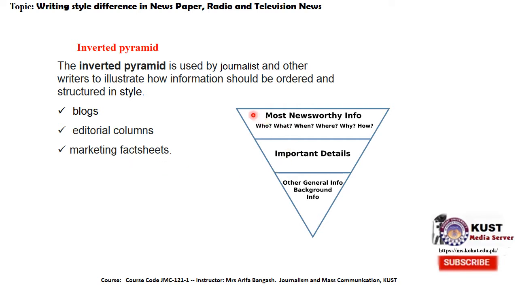Now here is the inverted pyramid format. The most important is at the top: the most newsworthy information like the 5 W's and 1 H, who, what, when, where, why, and how, and then important details, and after that the background or general information will be described.